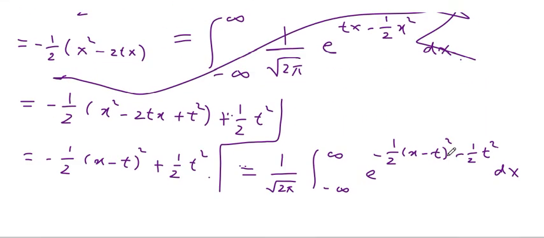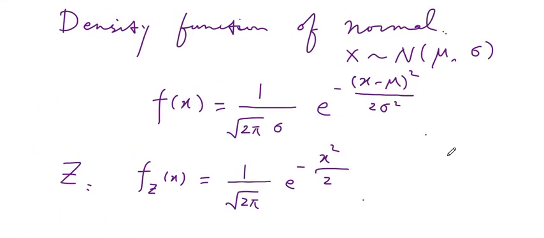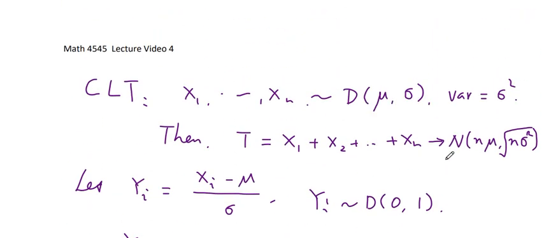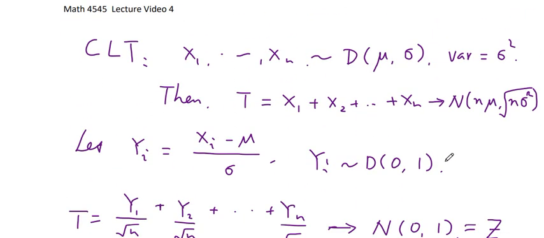In general, x1 plus x2 and so on will follow this normal distribution. Okay, so we finish the proof for the CLT.